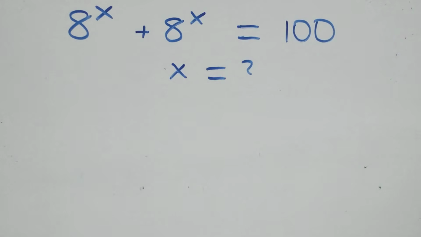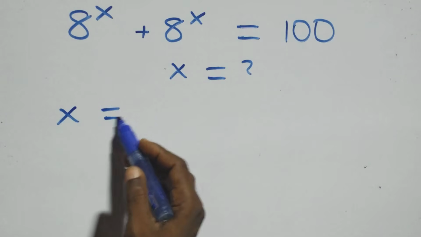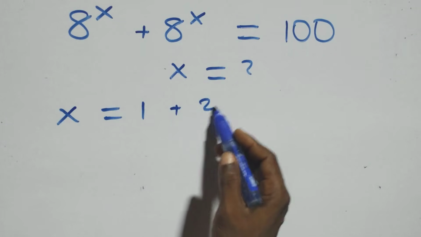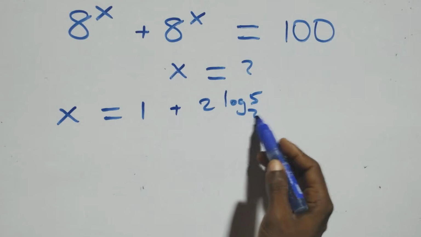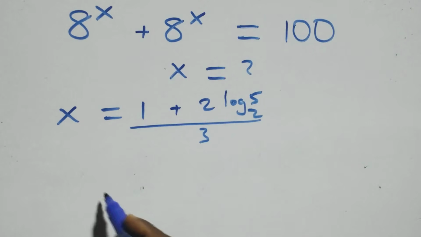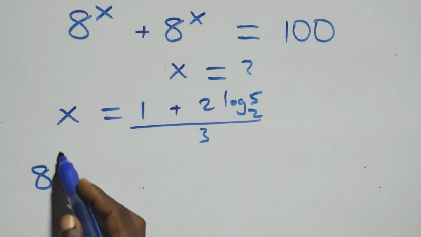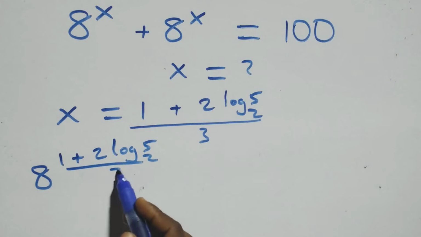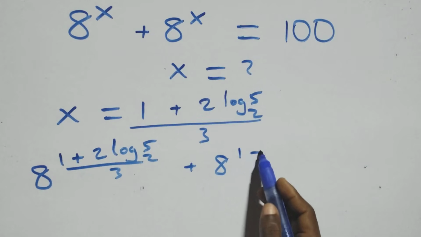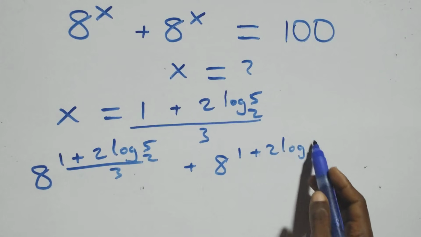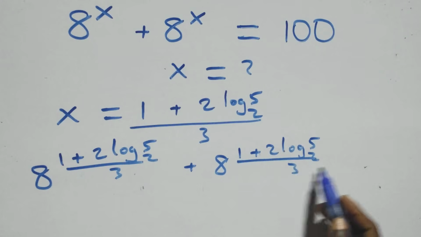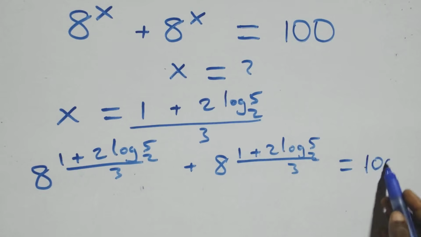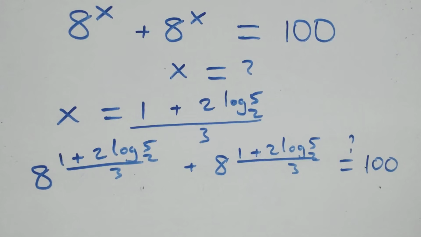x equals 1 plus 2 log 5 base 2, all over 3. What we have here becomes 8 raised to power 1 plus 2 log 5 base 2 over 3, plus also 8 raised to power 1 plus 2 log 5 base 2 all over 3, equals 100 on this side.